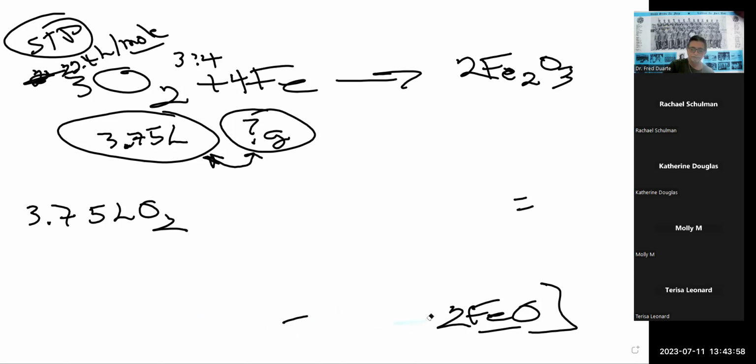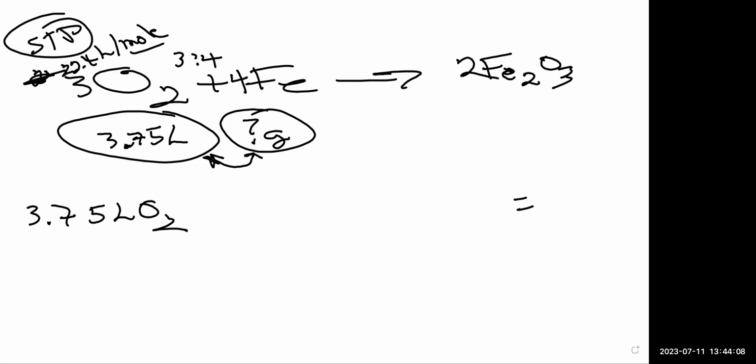All right. So as with any problem, we write down what we are given. And write down what we're looking for. We want to figure out how many grams of iron we need for this reaction.